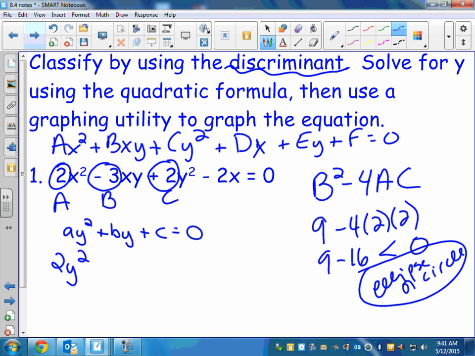Do you agree with that? So the middle term would just be minus 3xy. C is everything without a y. Do we have more than one thing that doesn't have a y in it up here? So the c term is really going to be like plus 2x squared minus 2x.